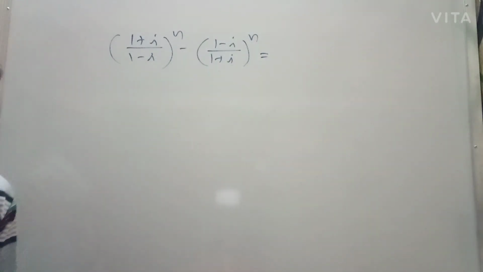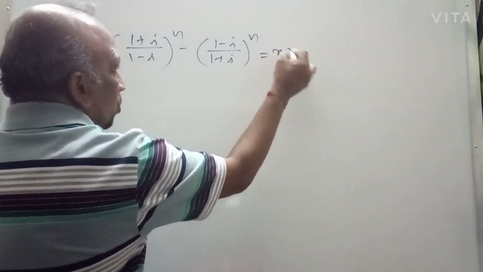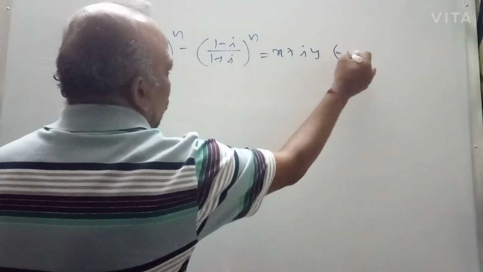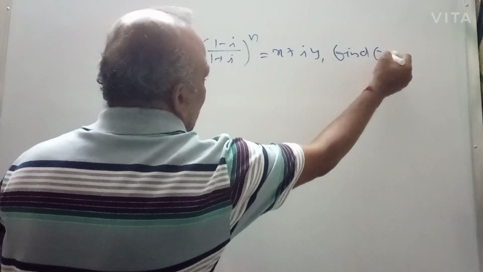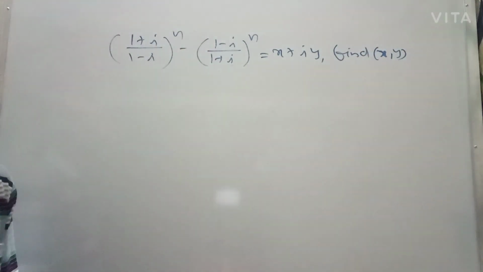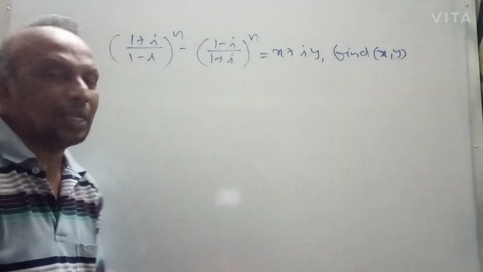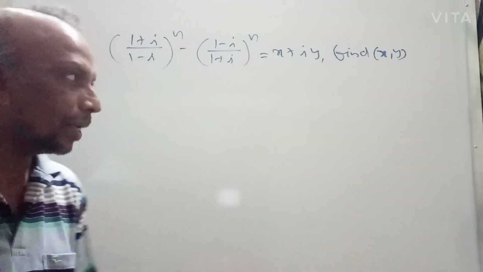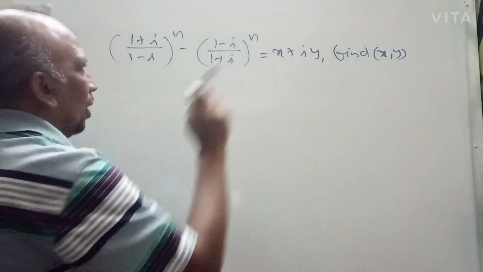This expression is given, which is equal to x plus iy. Then find x comma y. They are asking to find x comma y, the ordered pair, where x plus iy is given. So you should find the x and y values.